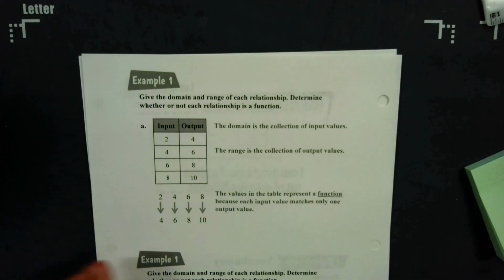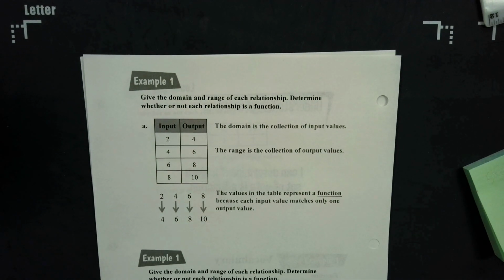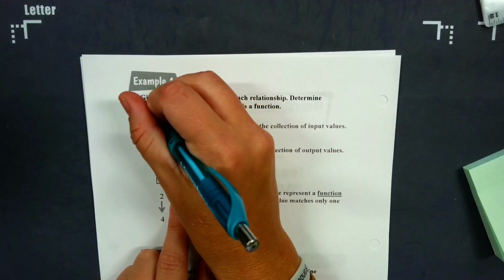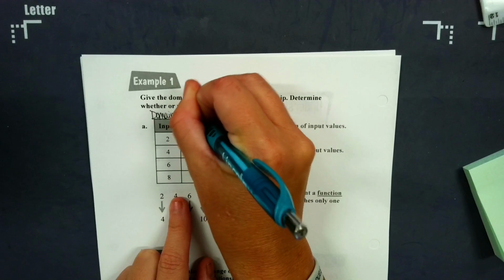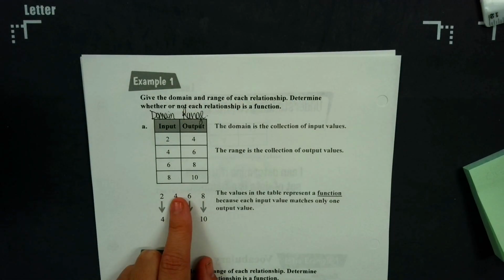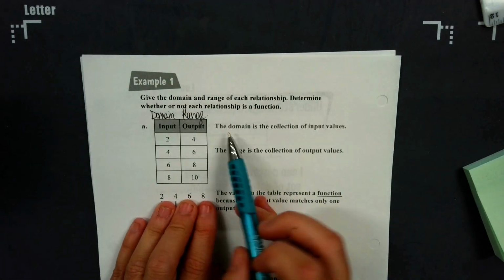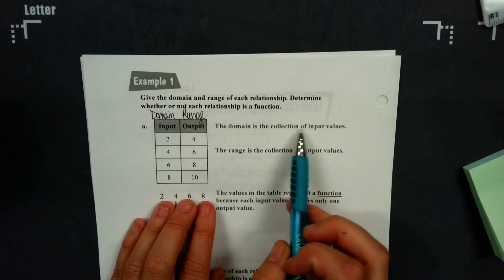Okay, so we're going to start with tables. So this one's your domain. This is your range. So it says the domain is a collection of input values.